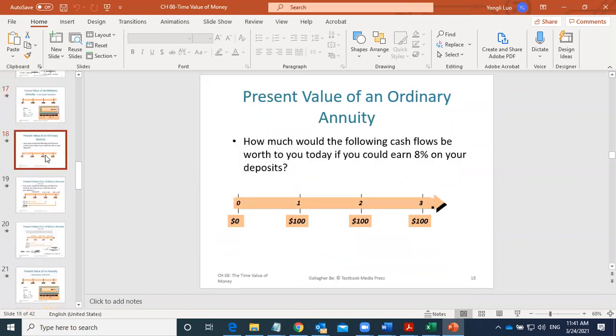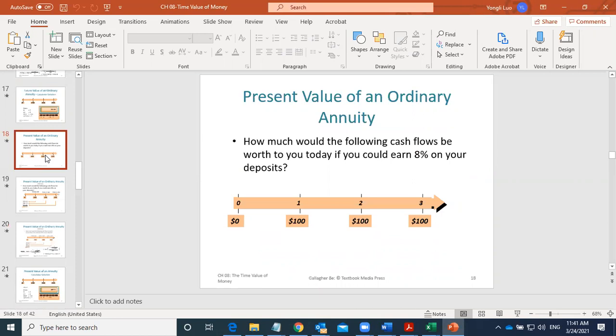That's the future value. Now what about the present value of ordinary annuity? Let's do the same thing. At the end of the year, you have a $100 deposit, interest rate 8%, and how much is it worth today?